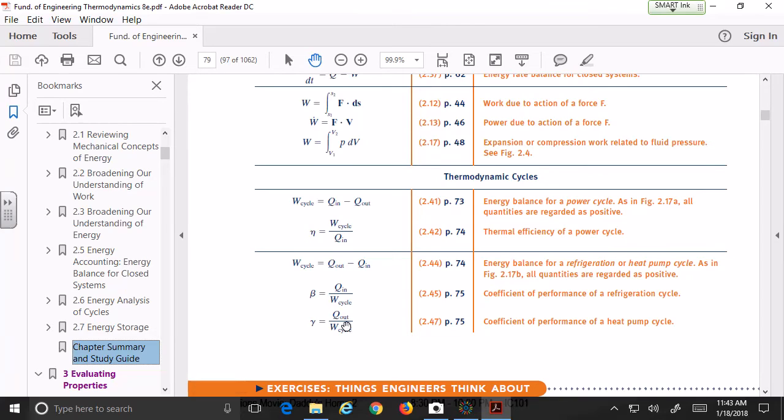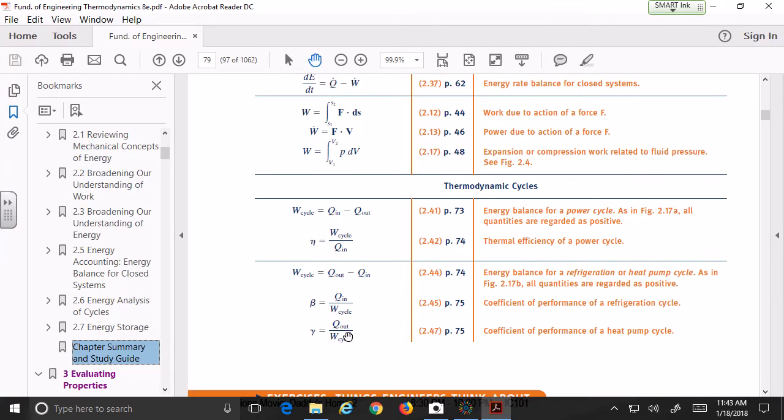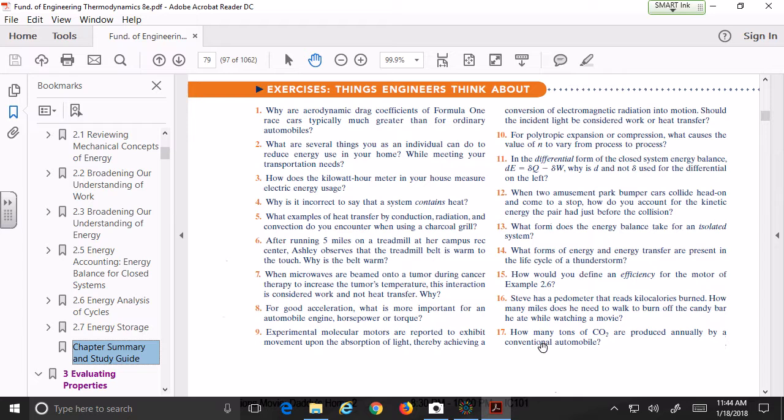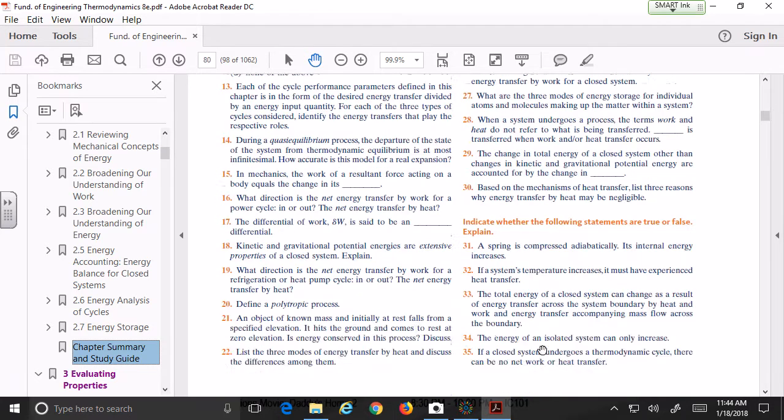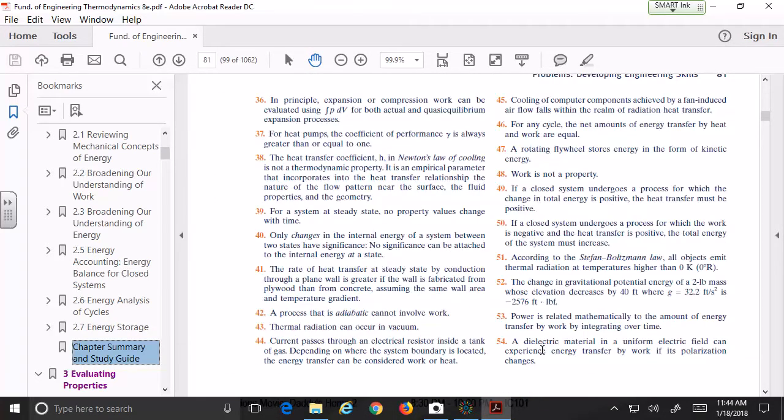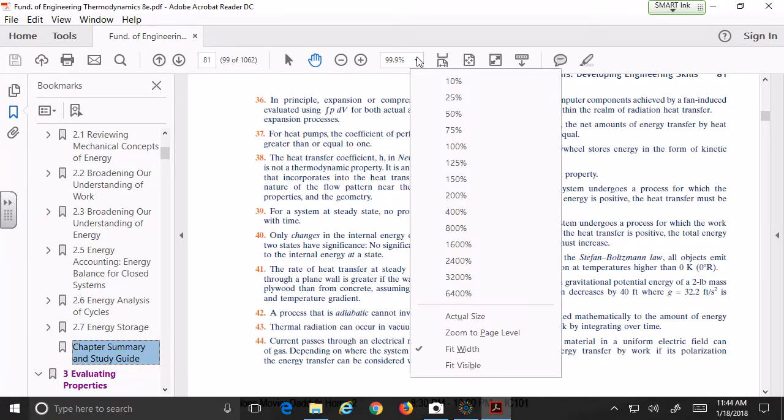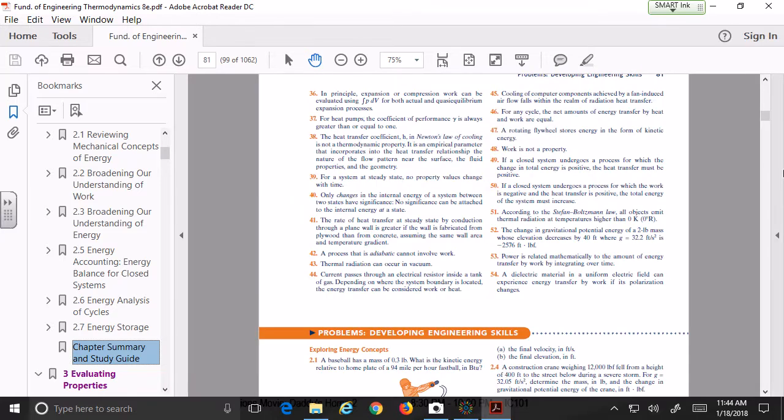Okay, so you got here those efficiencies. You see, it just gives it to you in this way. Power cycle, the refrigeration cycle. Oh, they call it coefficient of performance. We call it efficiency. Okay. I will go faster.